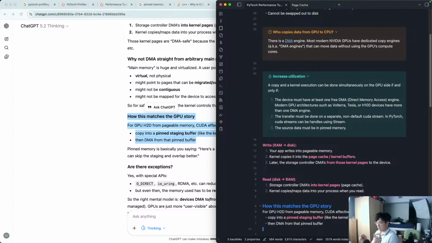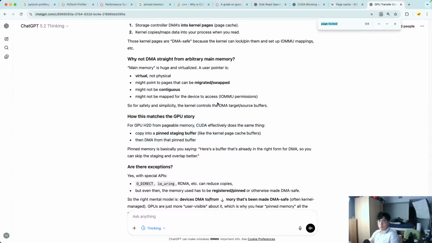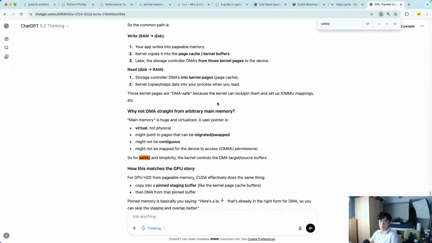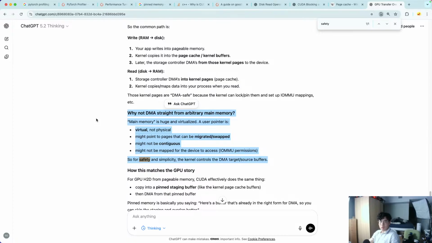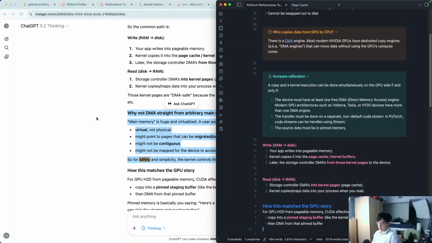It first needs to get copied into some buffer that the DMA has access to, and then you can copy it. And this is for safety reasons. At any time, these pages could be swapped out.